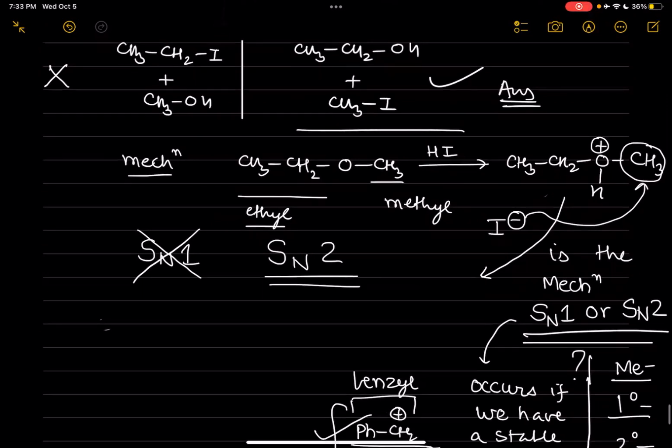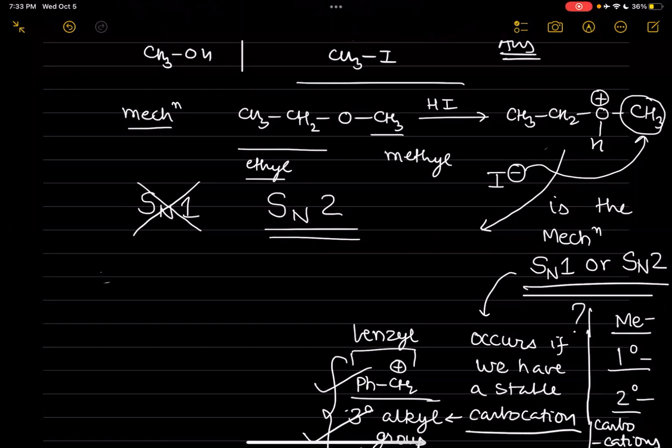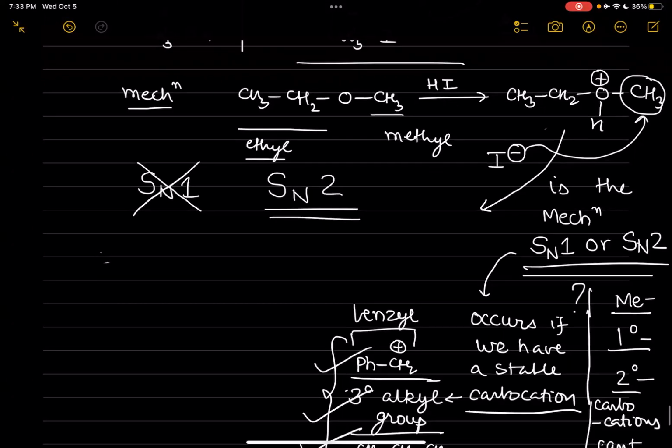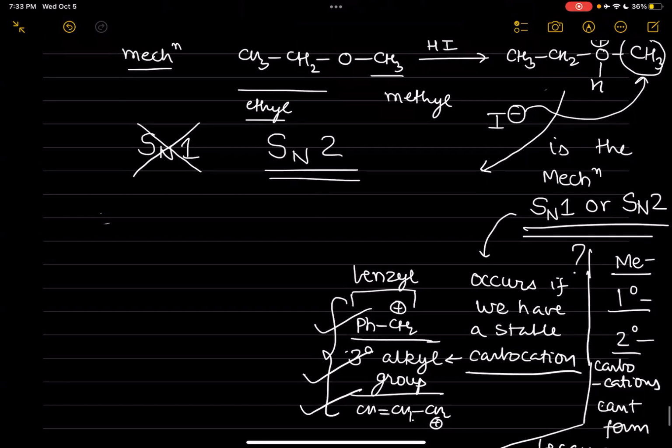So SN2 will happen if you have primary and secondary alkyl groups. The nucleophile is none other than I minus, and it is going to join itself to the smaller alkyl group, because that's where SN2 can happen more easily.